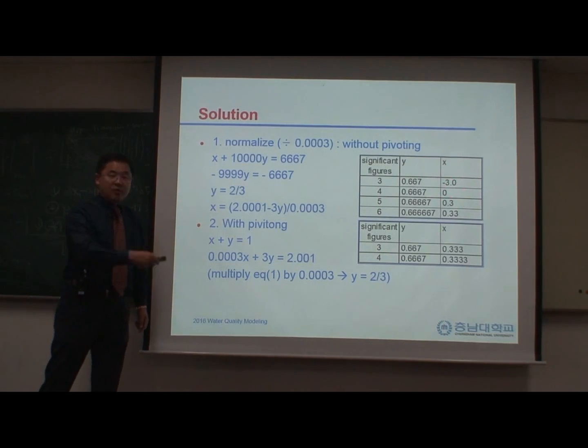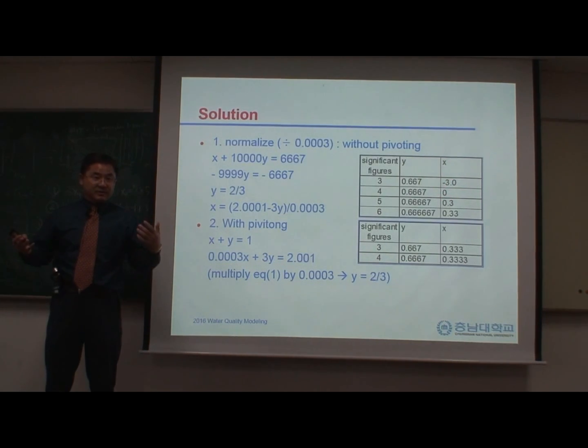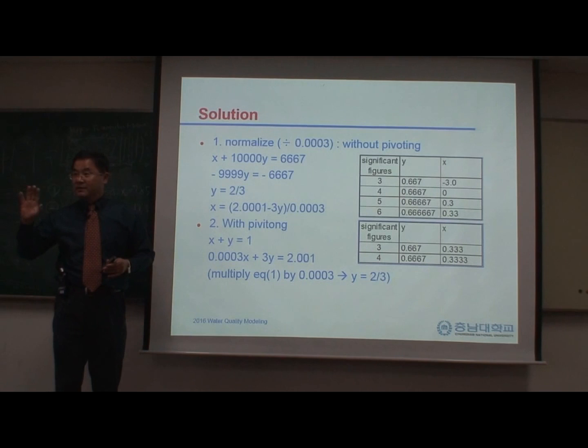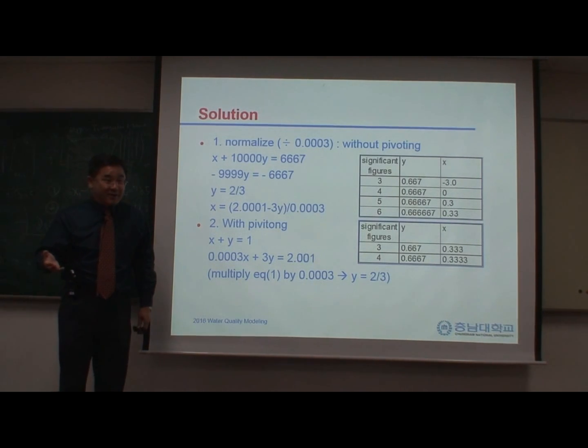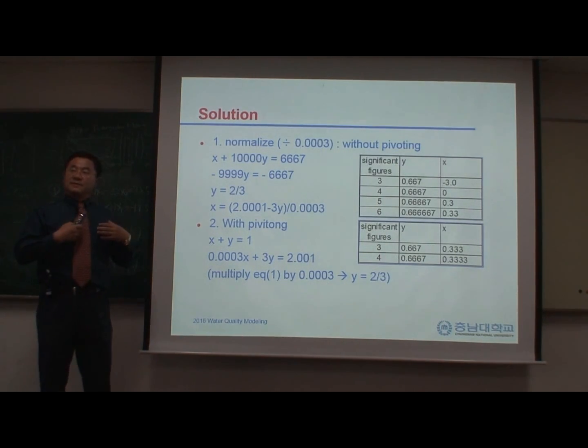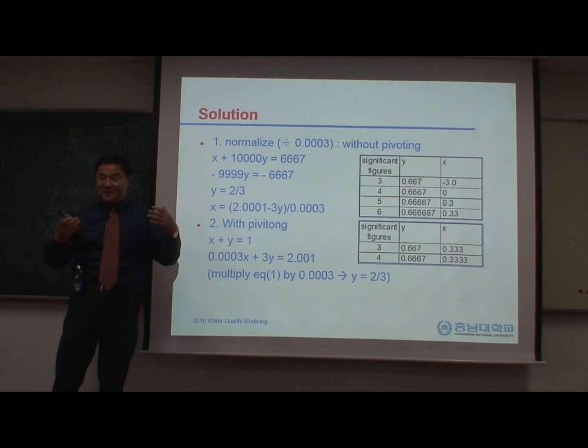These are wrong answers. These are mistakes. But mathematically, the method is just right, right? But the answer is wrong. So we want to avoid that kind of thing. But these are the job of mathematicians. We just use it. Thank you, right?